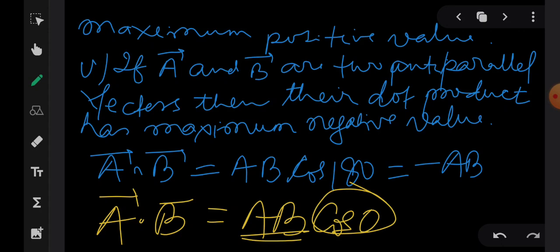So this has got the maximum positive value of a dot b. So when two vectors are parallel, their dot product has got maximum positive value. And when they are anti-parallel, the angle between them will be 180 degrees, it will be minus ab, that is, it has got maximum negative value.